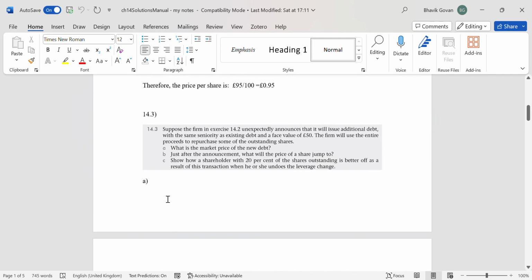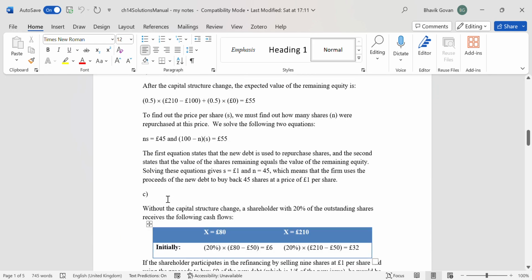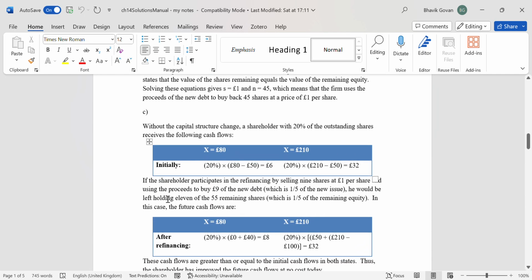Part C says, show how a shareholder with 20% of the shares outstanding is better off as a result of this transaction when he or she undoes the leverage change. Okay, so you look at two scenarios in this case. Without the capital structure change, a shareholder with 20% of the outstanding shares will receive the following cash flows.